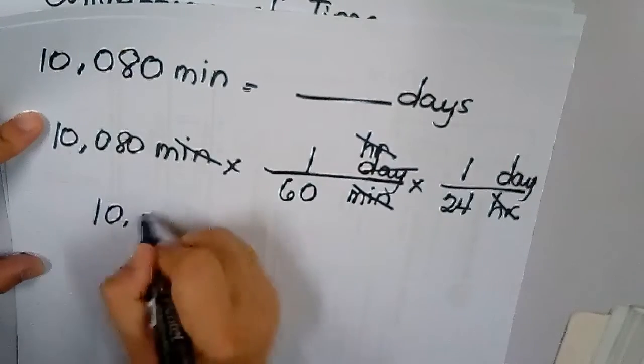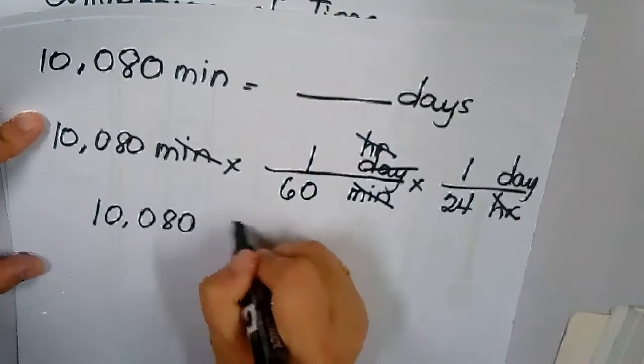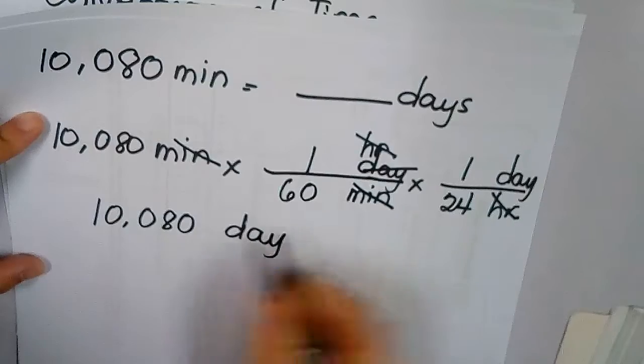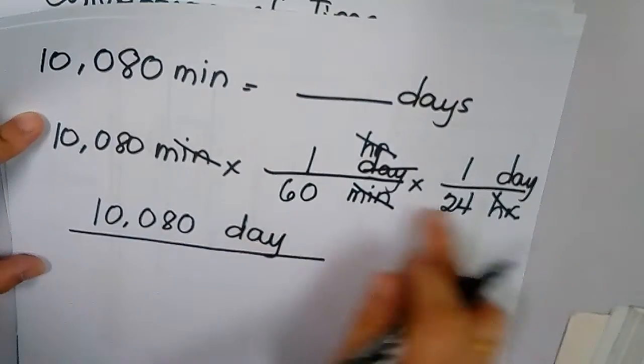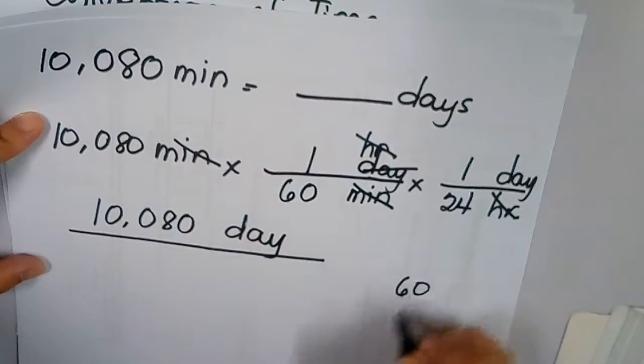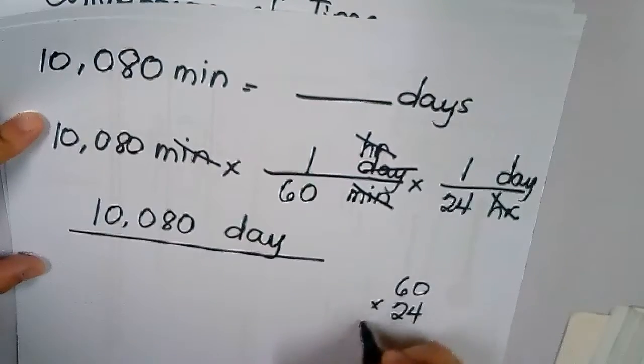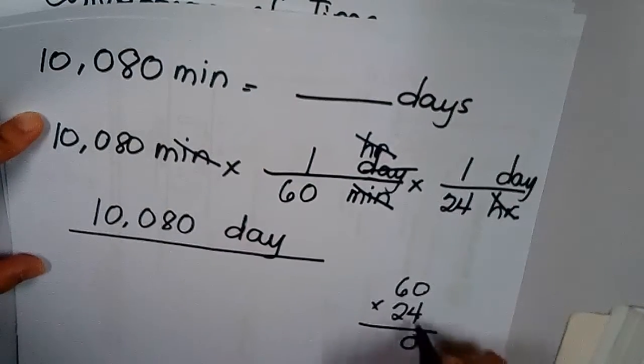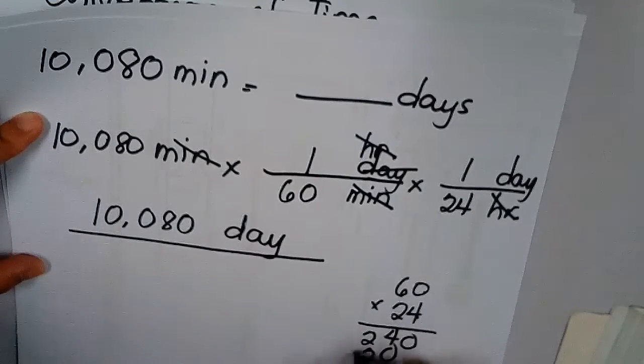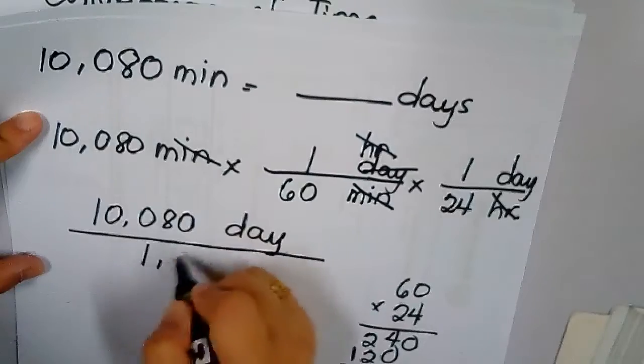So, 10,080 days divided by 60 times 24. Multiply nga natin. So, 4 times 0, 6 times 4, 2 times 0, 2 times 6, 12. 0, 4, 4, 1. Okay, so 1,440.